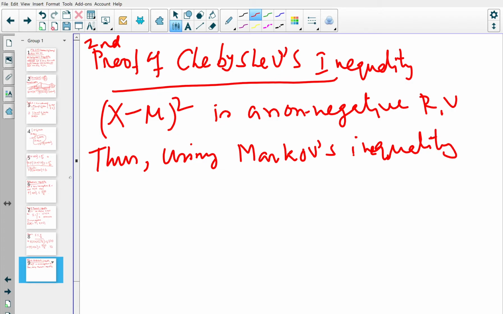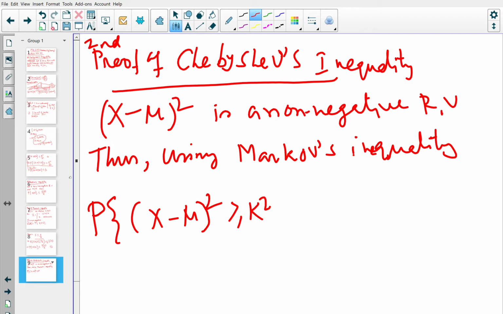Since this is non-negative, I am writing the probability that x minus mu whole square is greater than or equal to k square. K is a constant, so I am writing k square as that constant, okay.